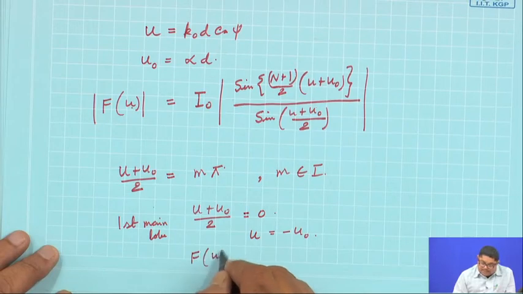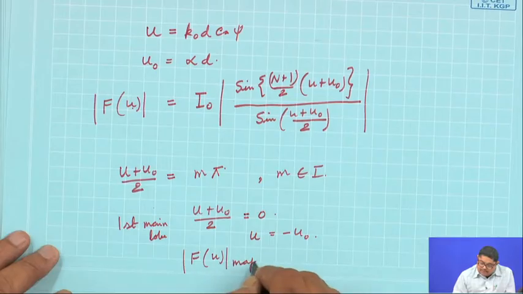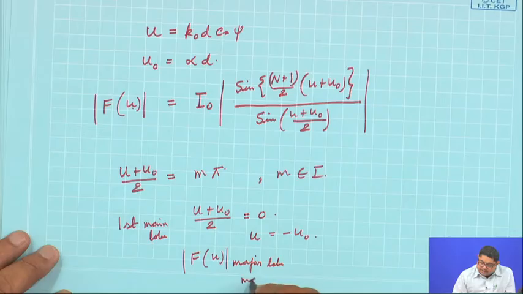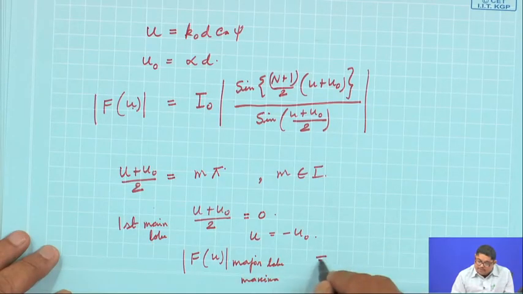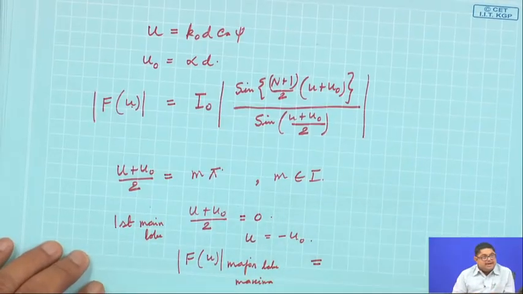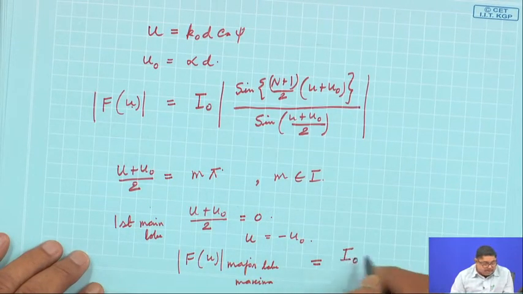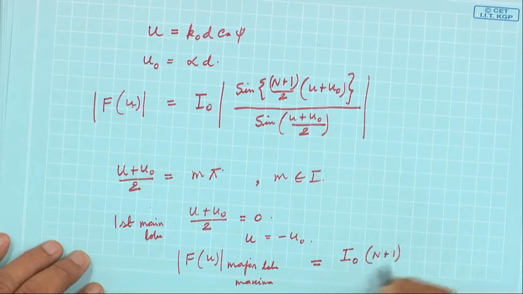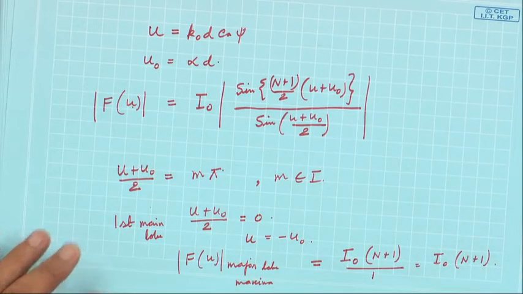And what is the value of the major lobe maxima? Here we will have to apply L'Hospital's rule, we will have to differentiate. So you do that and you will find that it will be I naught (n plus 1), that is I naught n plus 1.